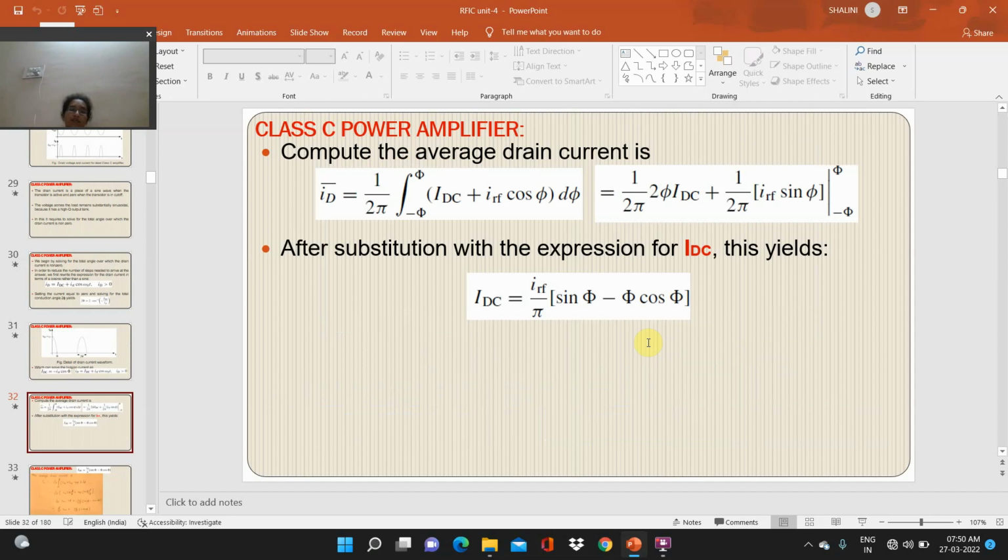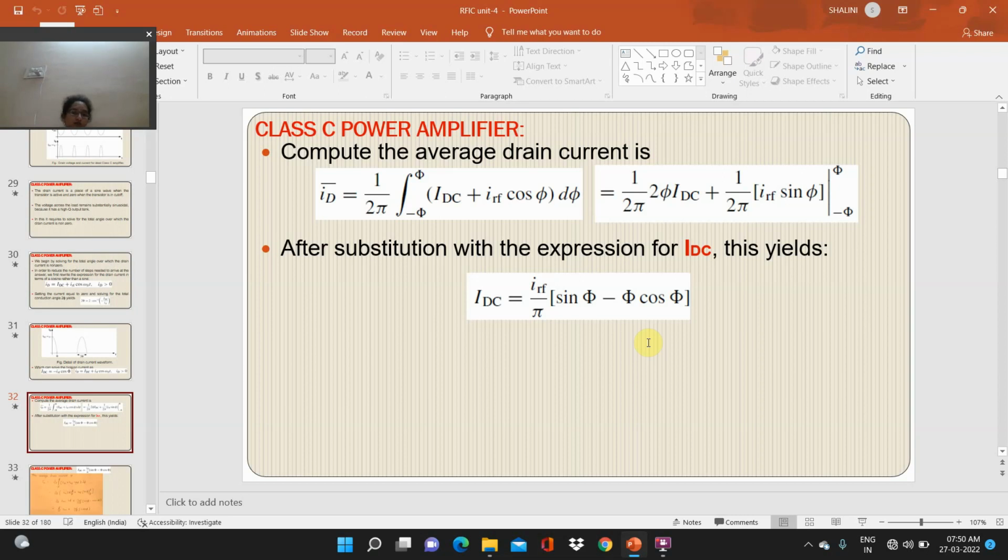Compute the average drain current, that is ID bar is equal to 1 by 2 pi integral from minus phi to phi of IDC plus IRF cos phi d phi. Integrating this term, it becomes 1 by 2 pi of 2 phi IDC plus IRF sin phi from minus phi to phi.